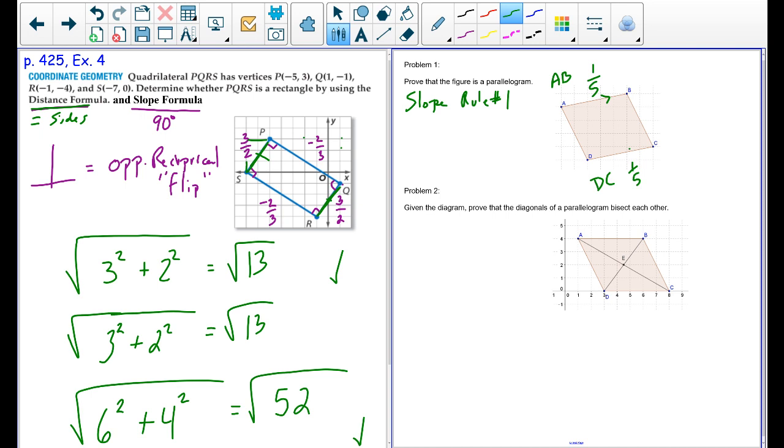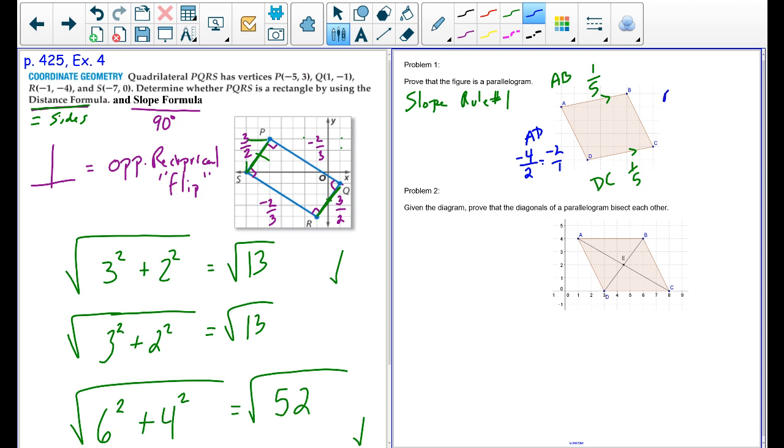Yes, these are parallel to each other. Those little arrows mean parallel, right? And then let's check our slope for AD. So now we have AD here. So rise over run. So down 1, 2, 3, 4 over 2. Down 4 over 2, which can simplify to negative 2 over 1.